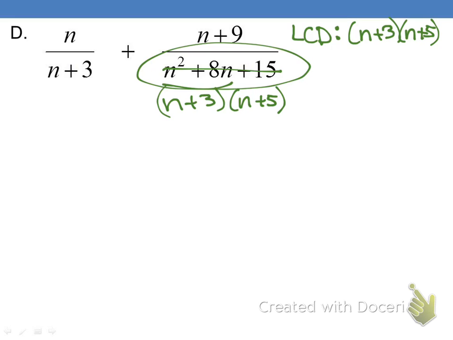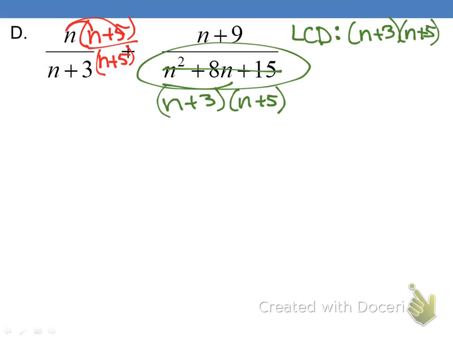Are either of the expressions missing something? Yes. The first expression is missing which piece of the LCD? The n plus 5. So I'm going to multiply by n plus 5 over n plus 5. Everyone with me?